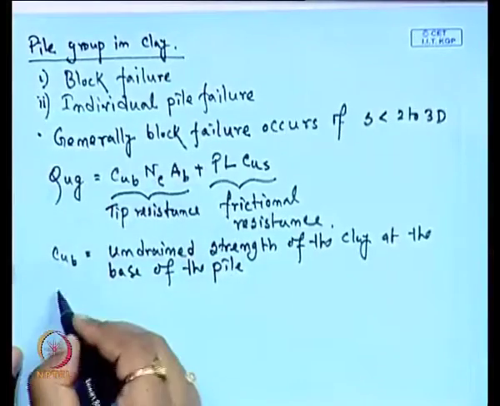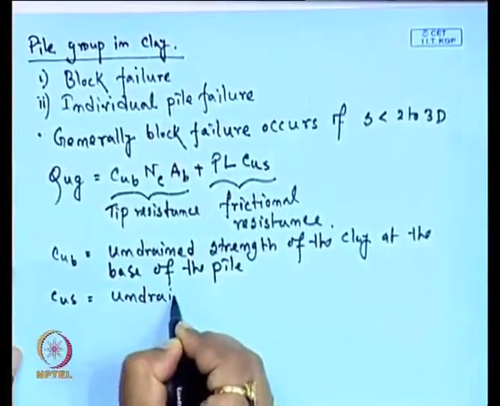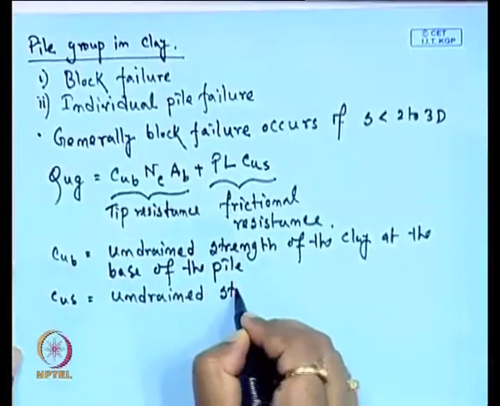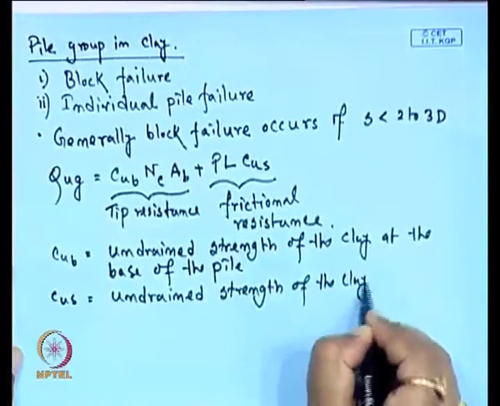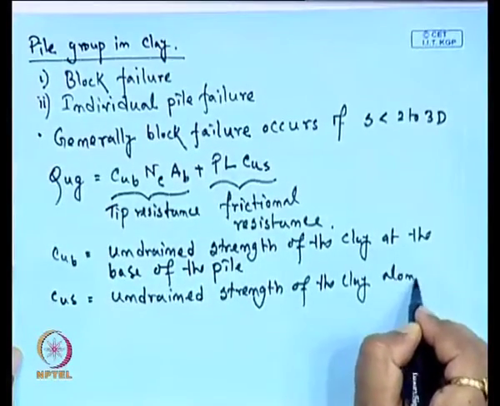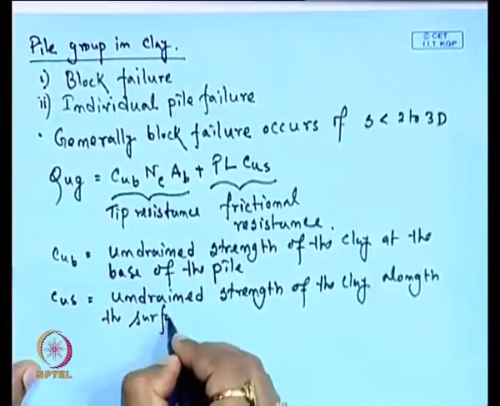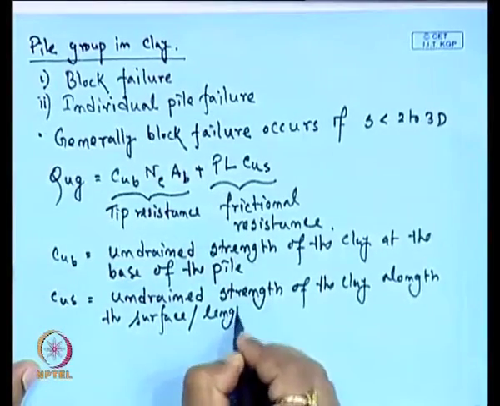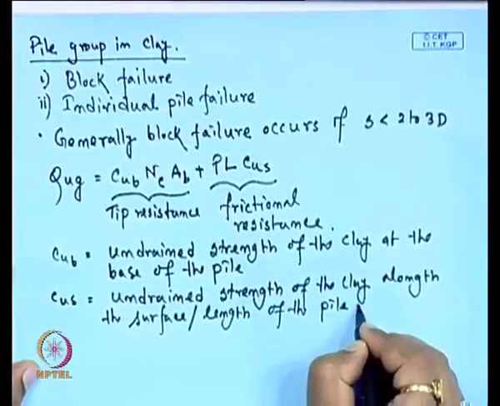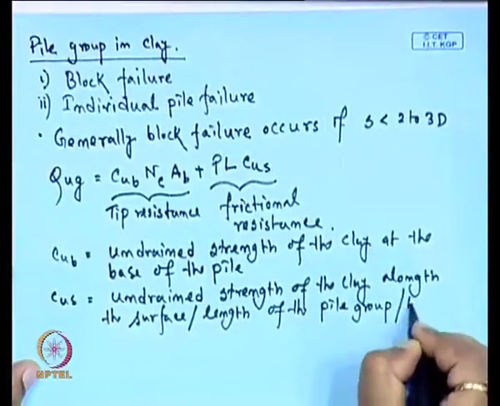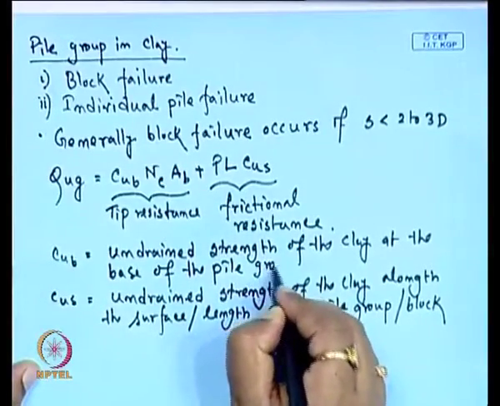Similarly, C_us is the undrained strength of the clay along the surface or length of the pile group or block.